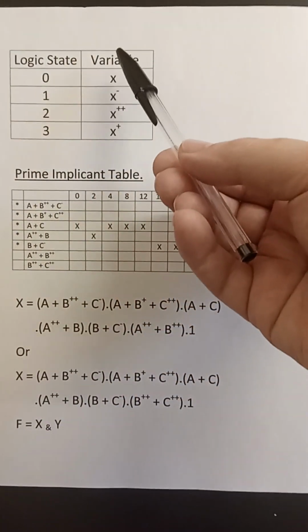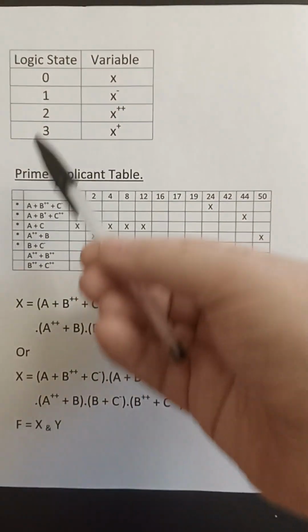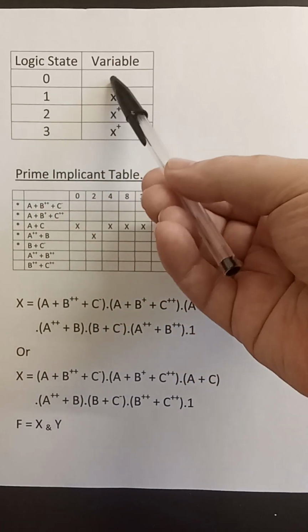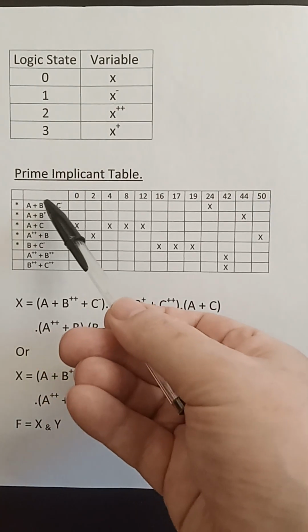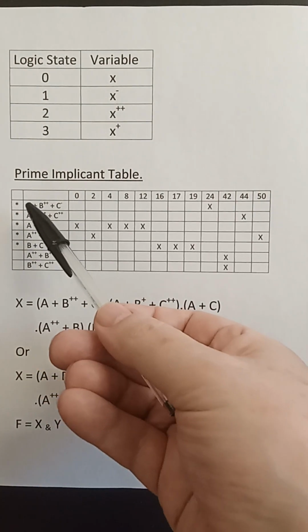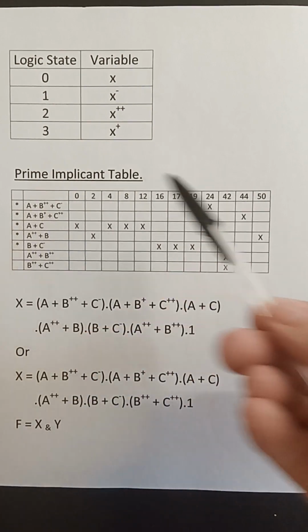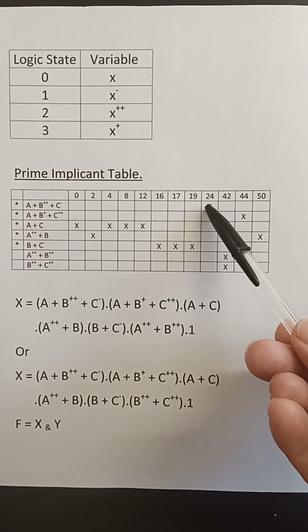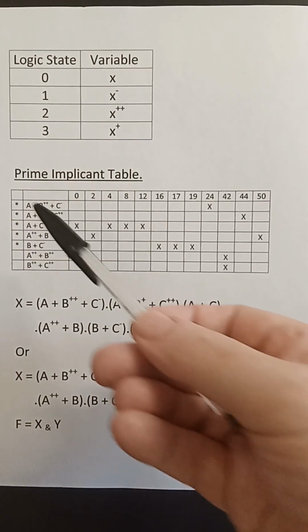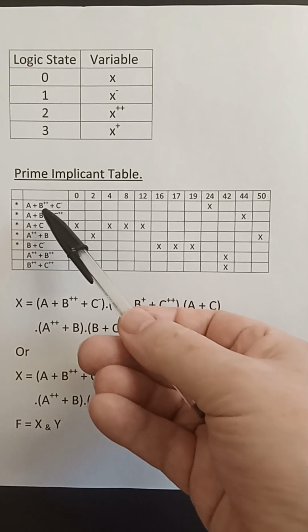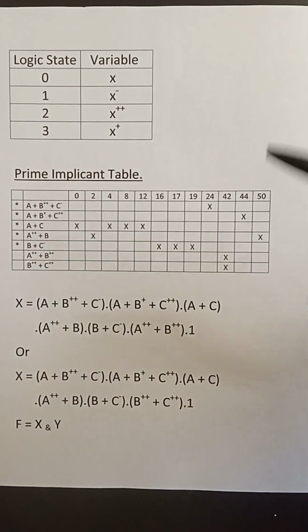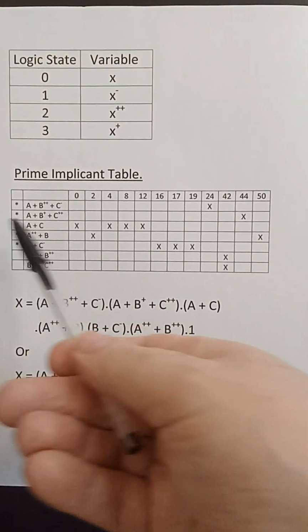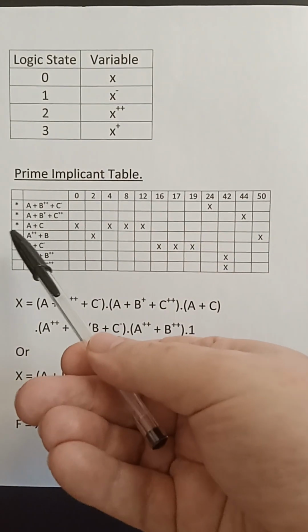A is a 0, so it's x. So A max, B plus plus max, C minus has an n value of 24. A max B plus has a value of 44, and you do that for all the values of n.